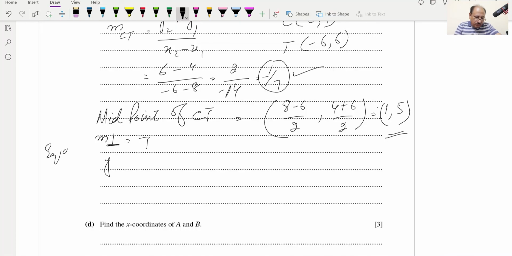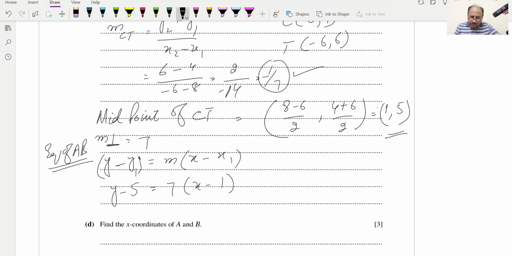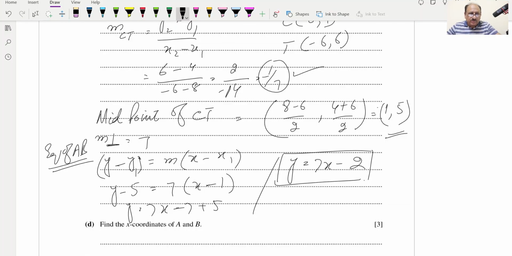Equation of AB will be y minus y1 is equal to m into x minus x1, and y1 is 5, so we can write 5 is equal to 7 into x minus x1, where x1 is 1. So y is equal to 7x minus 7 plus 5, and the final equation will be y is equal to 7x minus 2, and this will be the final equation, 7x minus 2.